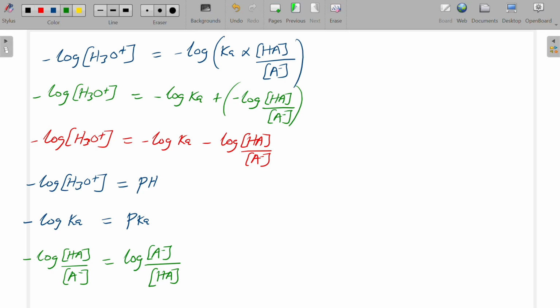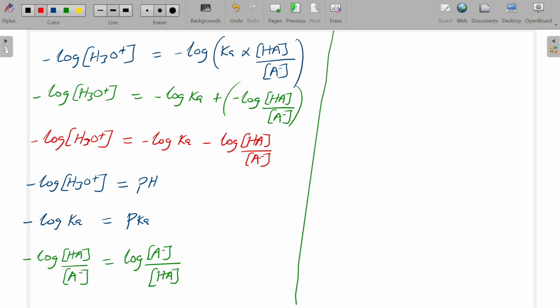Now, to just finish up our derivation, we are going to replace with what we have. Remember, negative log of the hydronium ion concentration is equal to pH. So whenever we have this in our formula, we're going to replace with pH. Negative log of Ka is equal to pKa. So we're going to replace negative log of Ka with pKa. And where we have the negative log of the ratio, we're going to replace it with log of that ratio. So let's do that.